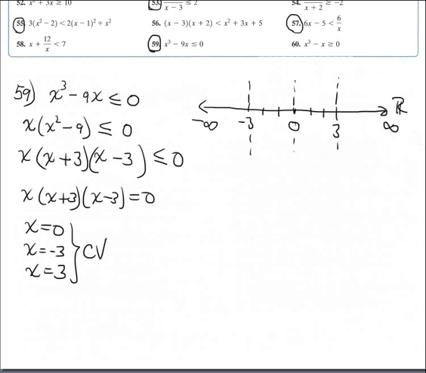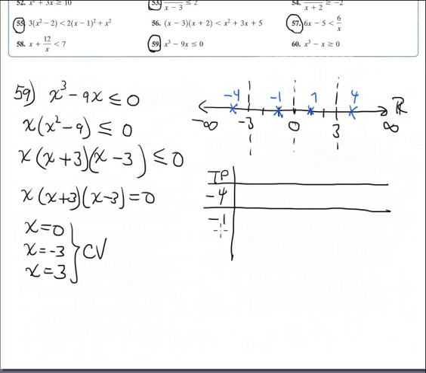The testing points associated are negative 4, negative 1, maybe, positive 1 and 4. They are minus 4, negative 1, 1, and 4.